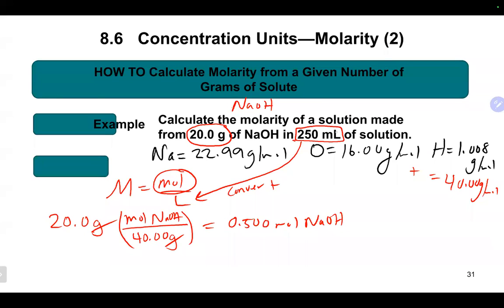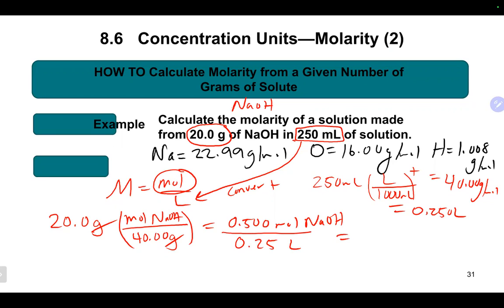We do need to convert our volume into liters, so you can move the decimal place, or once again, divide by 1,000. That gives us 0.250 liters, divided here by 0.25 liters, really. And that gives us moles per liter; 0.5 divided by 0.25 gives us 2.0.